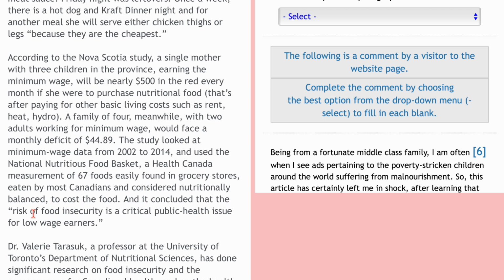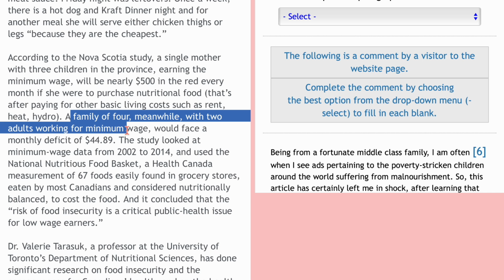And it concluded that the risk of food insecurity is a critical public health issue for low wage earners. Okay, so here what it's trying to say is that you could be working for the minimum wage full-time and you could have a monthly deficit, okay? It is looking at a family of 4. So for families, that's definitely true, I think.